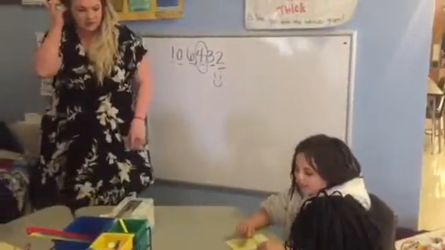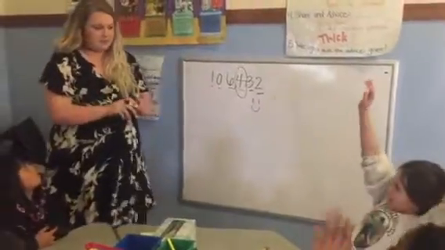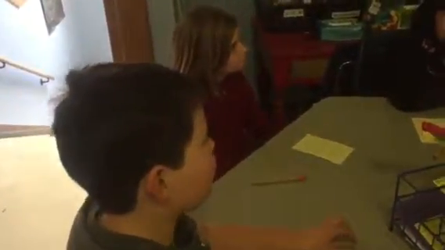All right, and bring it together in 3, 2, 1. What did we decide? Joe? What are you thinking? I think that we would round the 4 down to a 3.